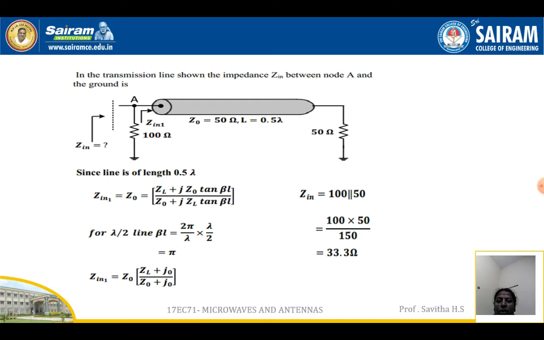For a lambda by 2 line, beta L is equal to 2 pi by lambda into lambda by 2, so the value will be pi. So Zin1 is equal to ZL. In the problem you can see Zin is equal to 100 parallel with 50. So the Zin value will be 33.3 ohms.